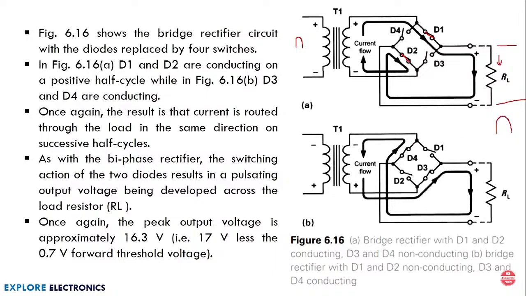When the negative half cycle of the input is applied, the current flow will be in the other direction. D1 and D2 become reverse biased and D3 and D4 become forward biased. So the current flows in this direction through this path through D3.